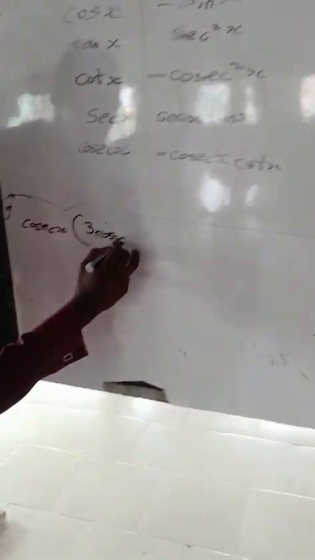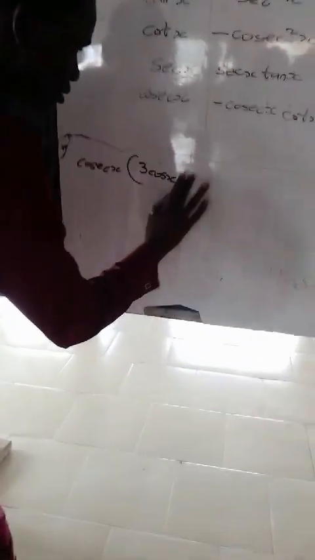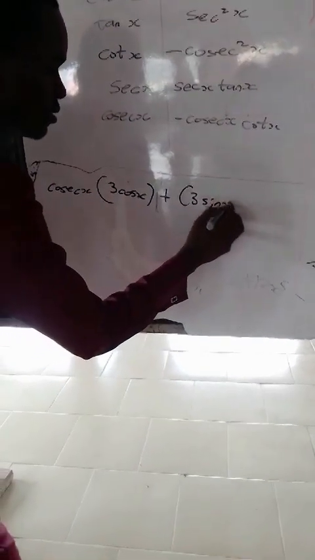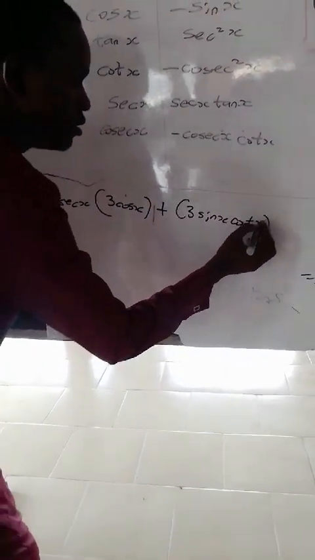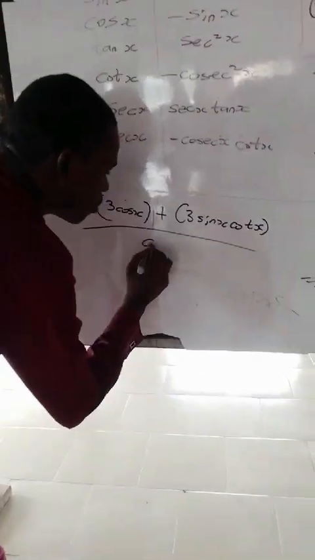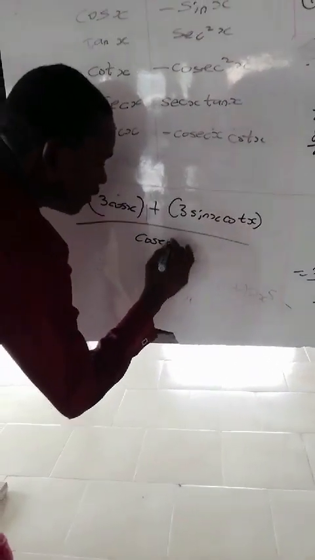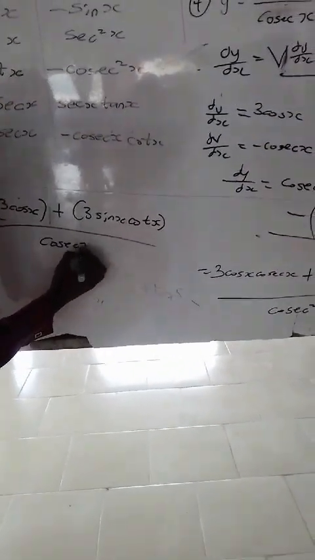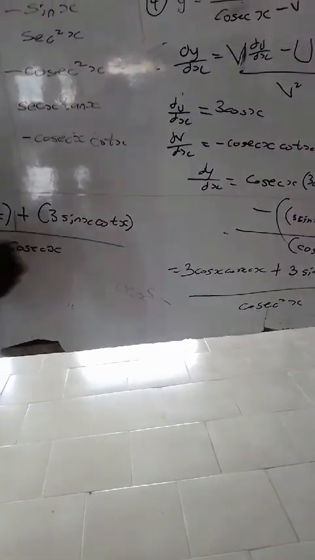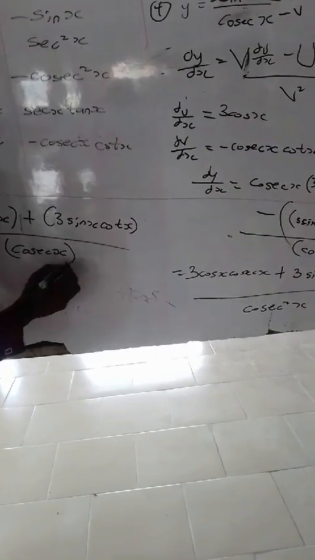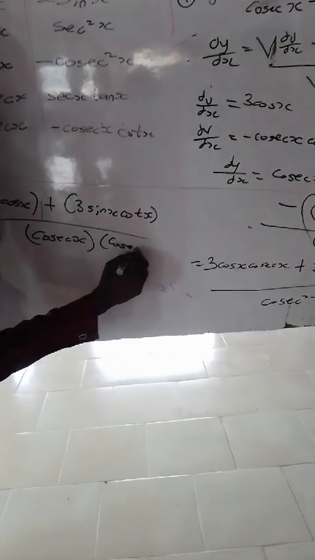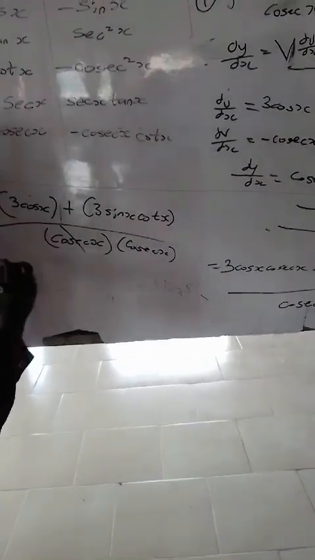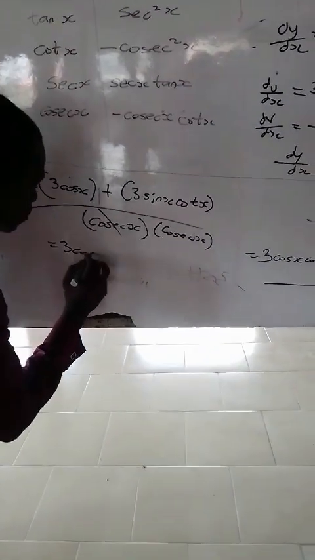That's cosec x into 3 cos x plus 3 sin x cos x, all over cosec square x, which means cosec x in two places. Is that not it? So this will cancel this.